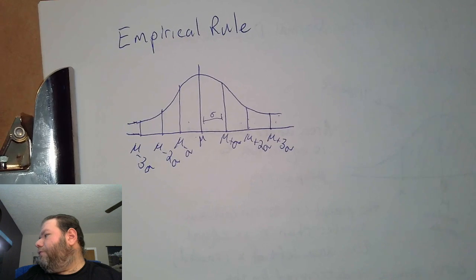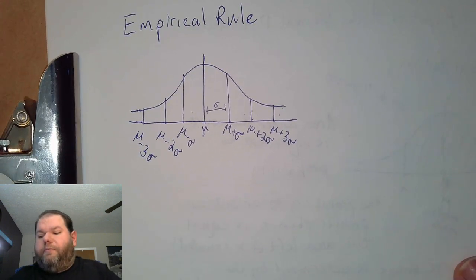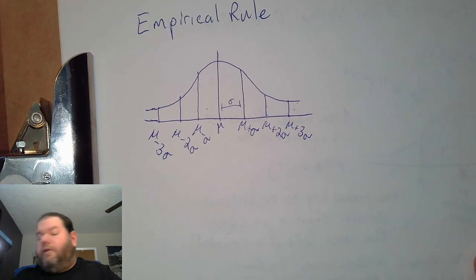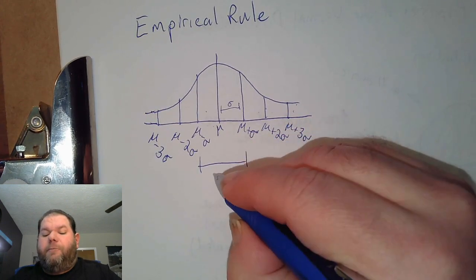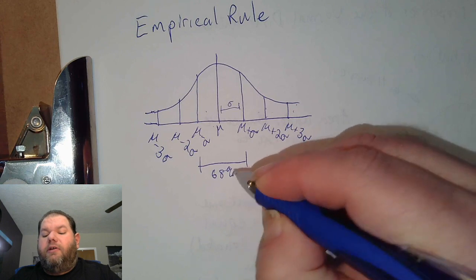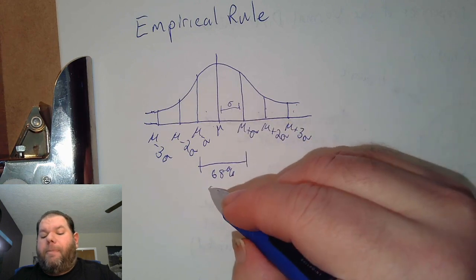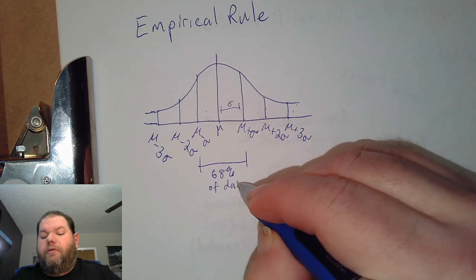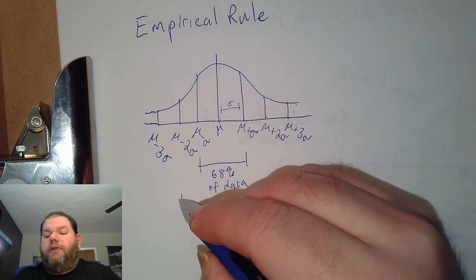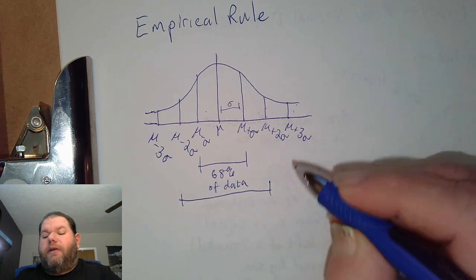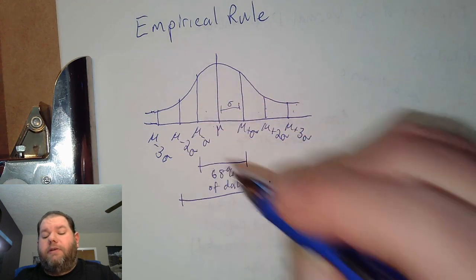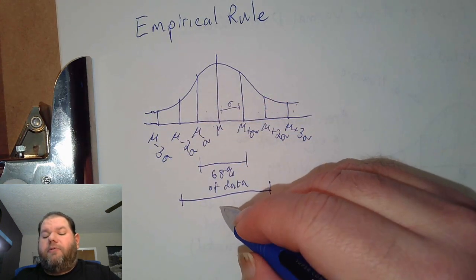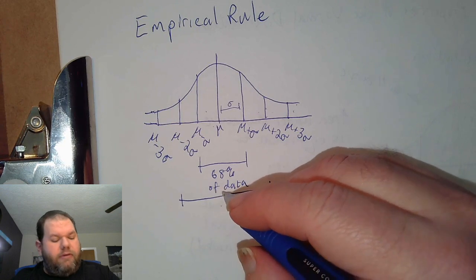Now the empirical rule says that within one standard deviation of the mean is 68% of data. Between two standard deviations of the mean, that means two standard deviations above and two standard deviations below the mean, that should represent, I think it's 97.